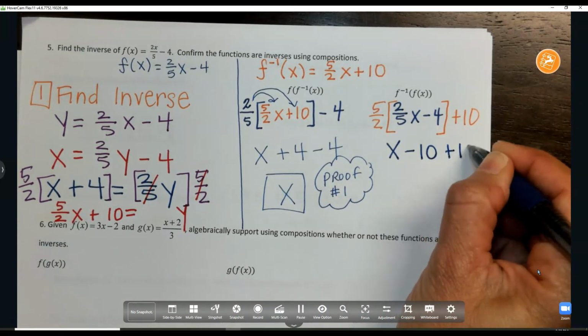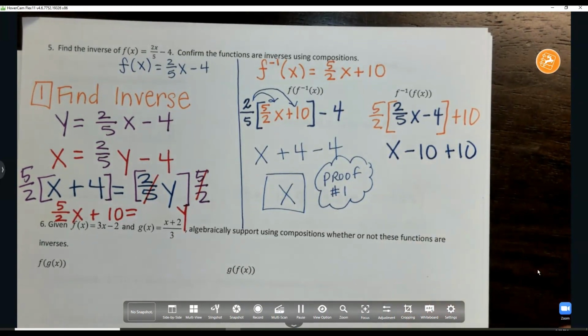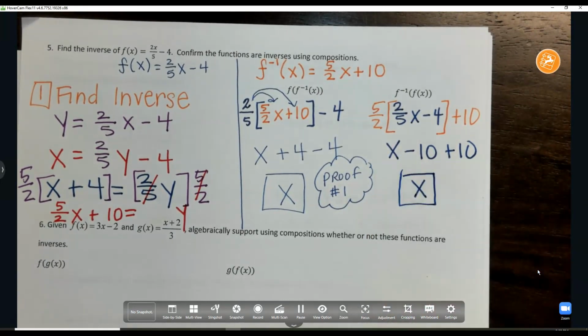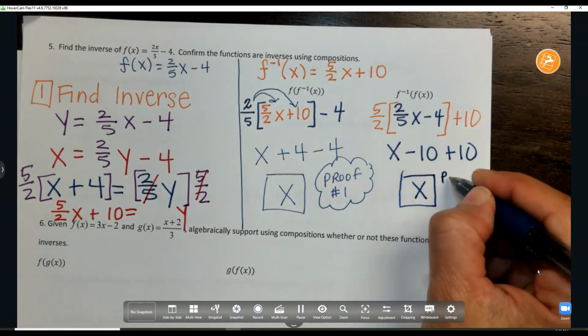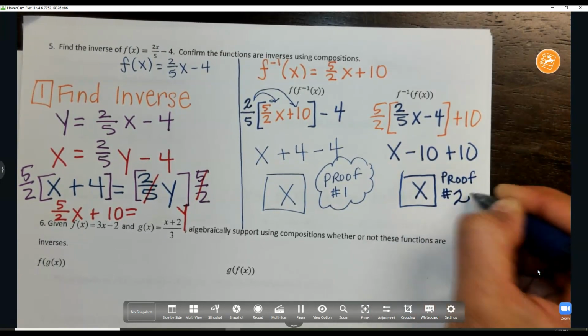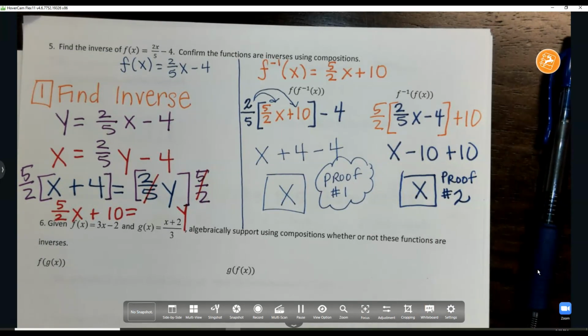Bring down the plus 10. That's a 0 pair. X gets by itself. That is proof number 2. And that's how you find compositions and prove that they are inverses of each other.